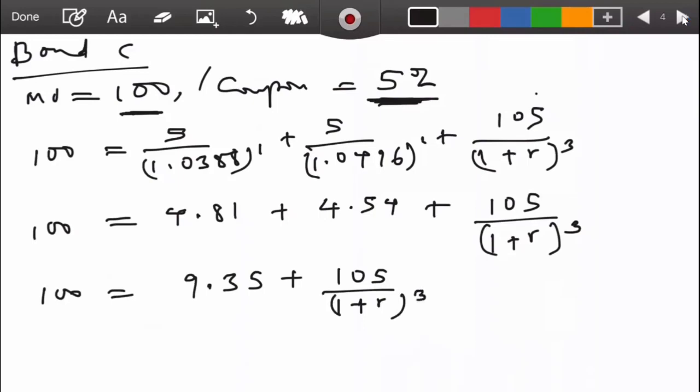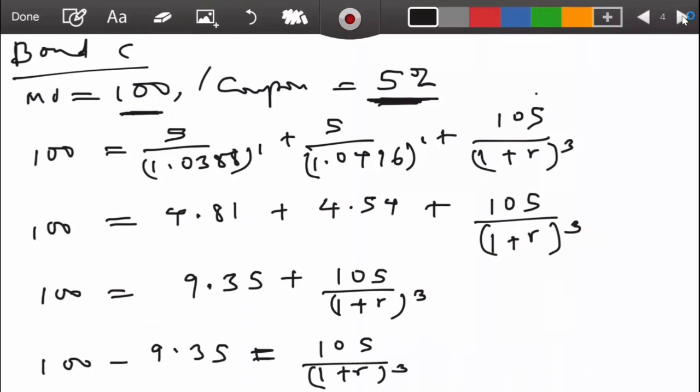Bringing like terms together, this becomes 100 minus 9.35 equal to 105 all over 1 plus r raised to power 3.